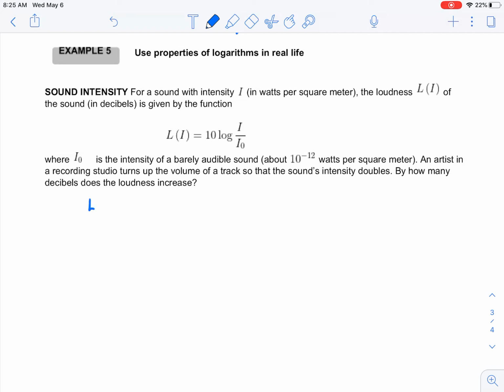So we want to let I be the original intensity. So then 2I is the doubled intensity.